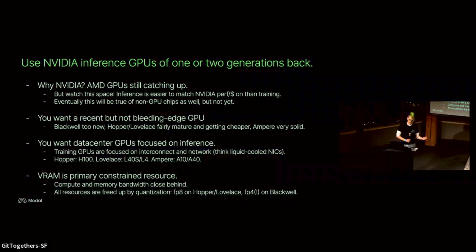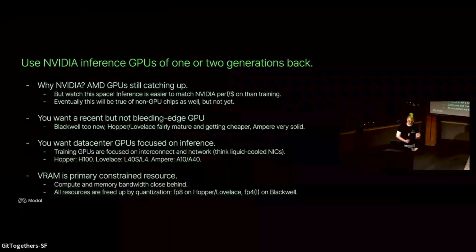The interesting thing is that the inference problem, because it doesn't involve this other complicated stuff like InfiniBand, is actually an easier thing for other people to build. So AMD GPUs are still catching up to NVIDIA on performance per dollar, but they're catching up faster for inference workloads than for training workloads.